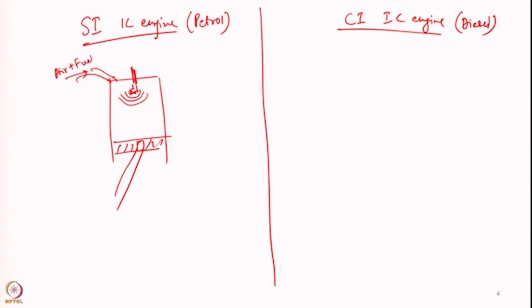Because it is a premixed sort of combustion of your air and fuel, it goes into the engine, you give a spark, the flame will ignite and then flame will propagate through the air fuel mixture, because throughout the cylinder you have the air and the fuel everywhere.